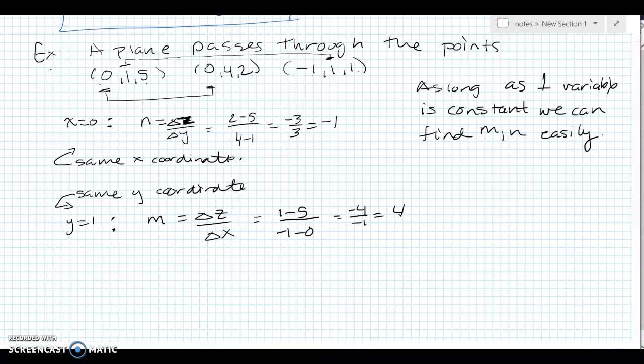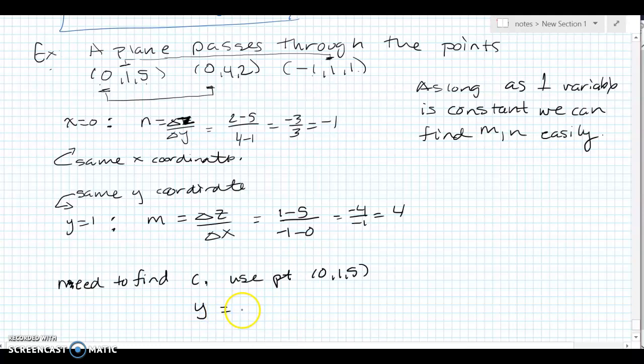So we have to find c. Let's just use the point 0, 1, 5, and we have z equals mx plus ny plus c.